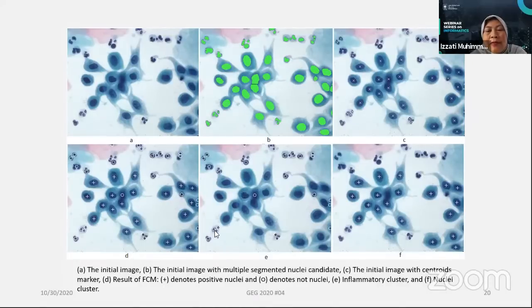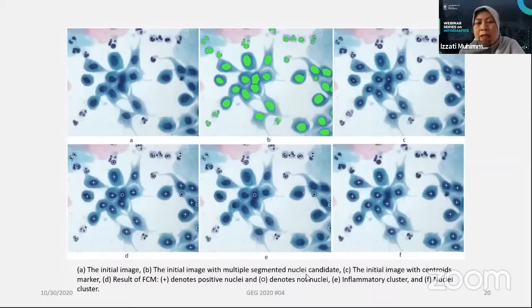Then from this fuzzy classification, we check whether it's surrounded by the cytoplasm or not. We then can have two classes, which are nuclei and not nuclei. So we divide this data into two classes, nuclei or not nuclei.